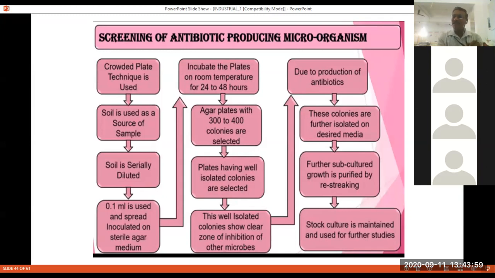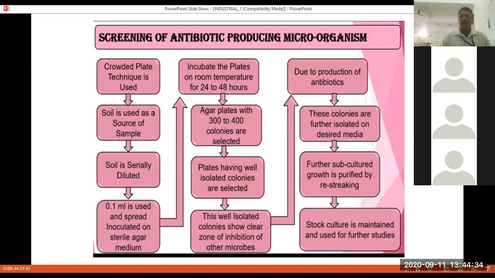In the same way, in industrial microbiology, we know very well that in nature a large number of heterogeneous microorganisms are there, and from that heterogeneous population we pick up only one or two strains. They secrete certain chemicals that inhibit the growth of another type of microorganism, and we call them antibiotic producing microorganisms.